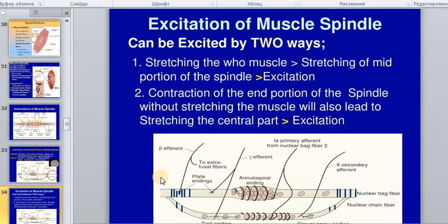Gamma motor neurons supply only muscle fibers within the spindle, whereas beta motor neurons supply muscle fibers both inside and outside the spindle.